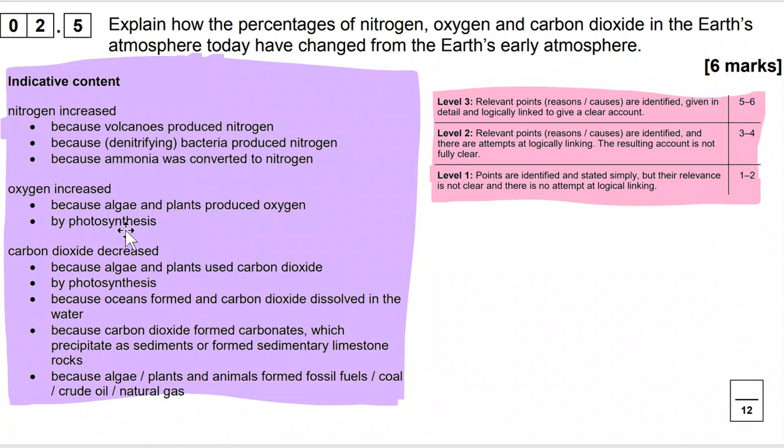And carbon dioxide decreased actually for the same reason, as a part of photosynthesis. The plants used it up. But we also know that carbon dioxide got trapped into carbonate rocks and carbon dioxide dissolved into the oceans. So there's a lot that you have got to remember on this topic. And that takes us to the end of question 2.